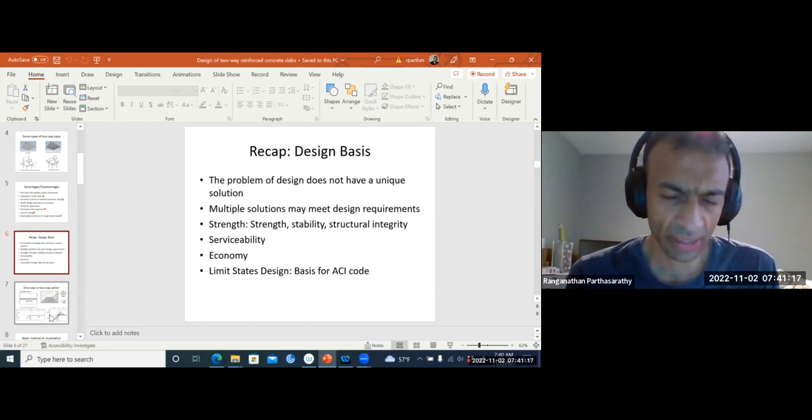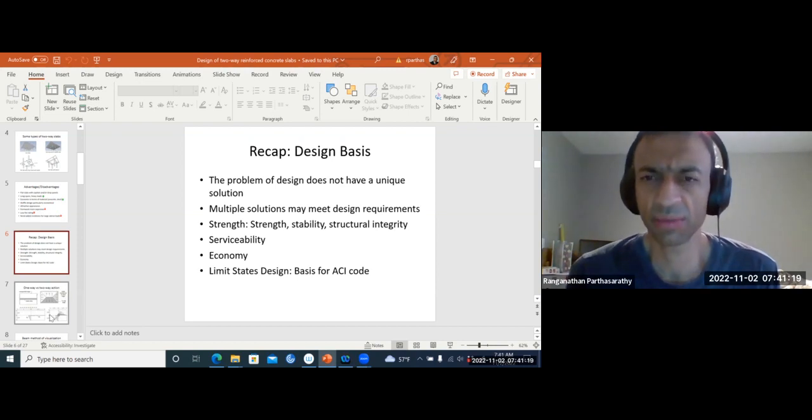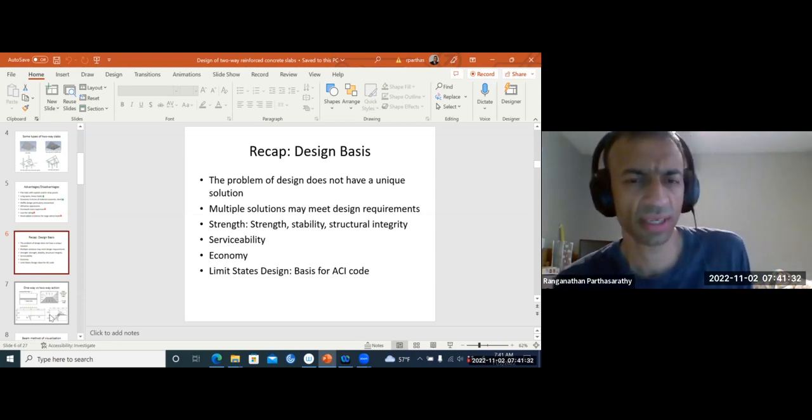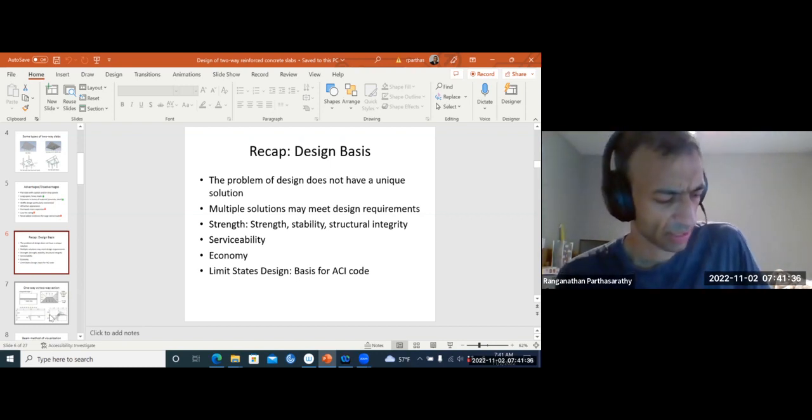And different engineers may come up with different solutions for the same design requirement. But the basic three S's of design are strength, stability, and serviceability.